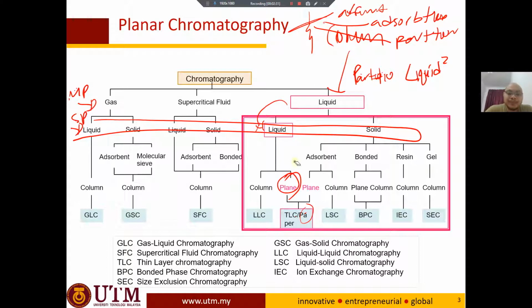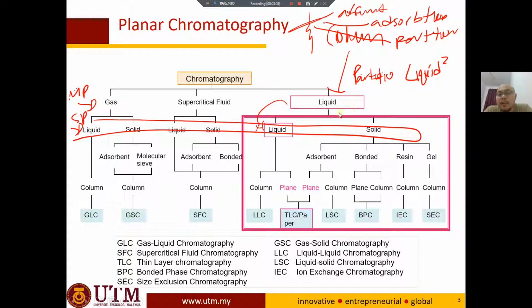Before we go further, I just want to go back to our topic. Planar chromatography and column chromatography involve both liquid and solid. Column chromatography only involves liquid-solid chromatography, which means only the adsorption type of separation, where the adsorbent is the solid that we put inside the column.